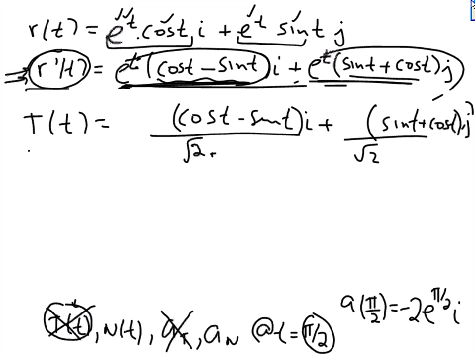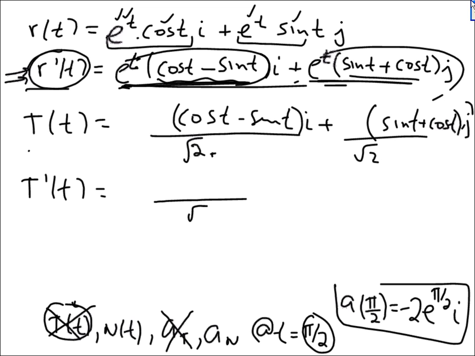Let us find N of t. Okay, so I have a of pi over 2, so I could erase that down here. I need to find N of t. First, I want T prime of t.